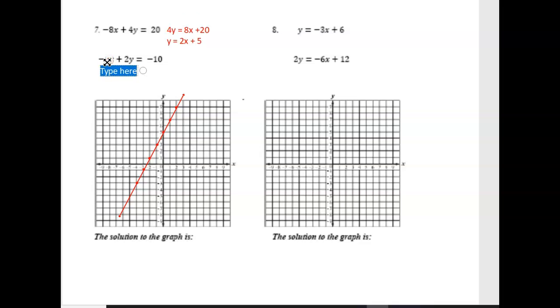We could find my x-intercept, which occurs when y is 0. So the x-intercept would be negative 4x equals negative 10, or x equals negative 10 divided by negative 4, which is positive 10/4, or 5/2.